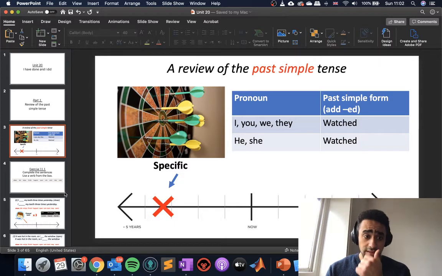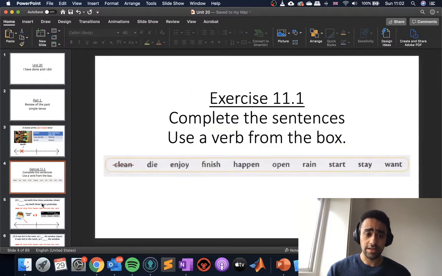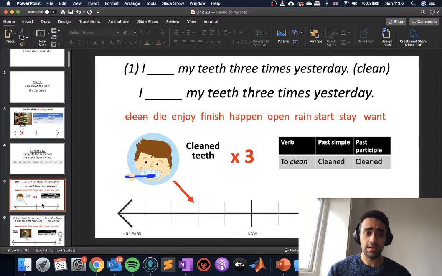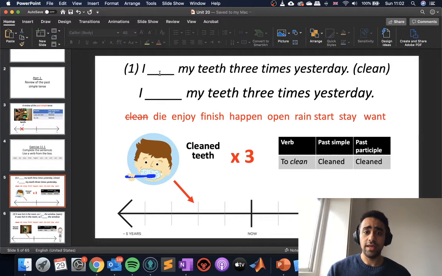So for example, let's look at a couple of exercises. Here we have I something, and we have the verb clean: my teeth 3 times yesterday. If it is a usual thing, a habit, like I clean my teeth 3 times a day, that's present simple.